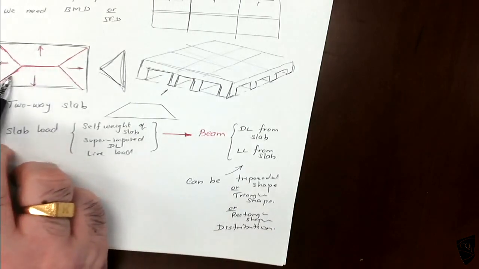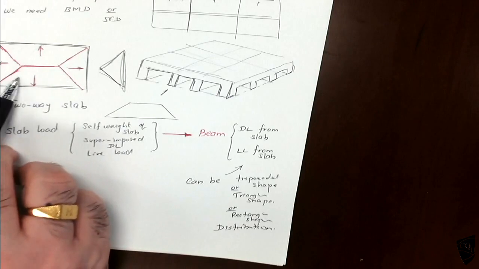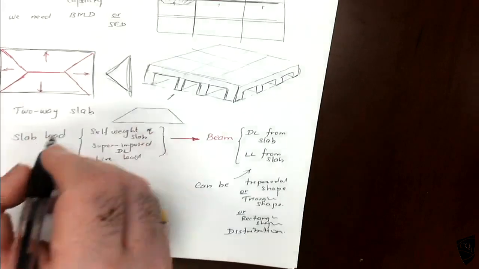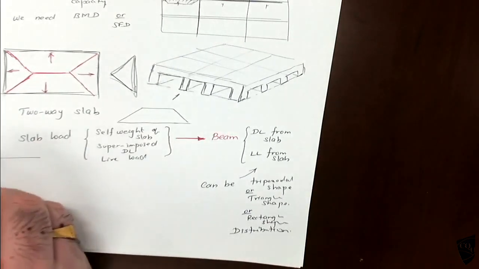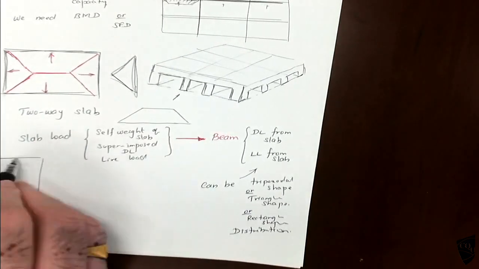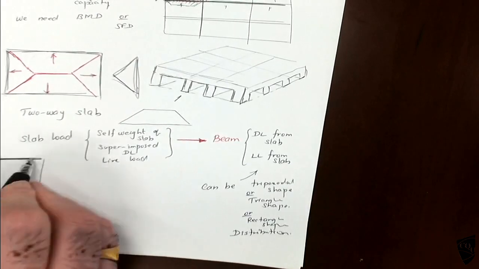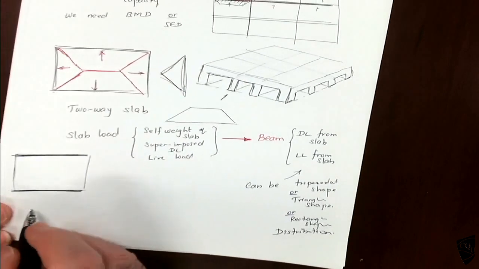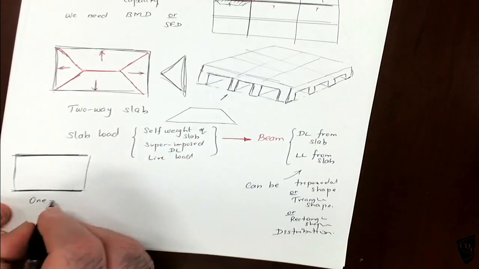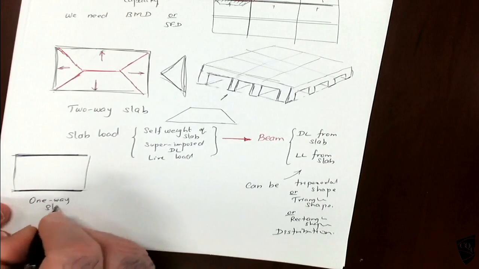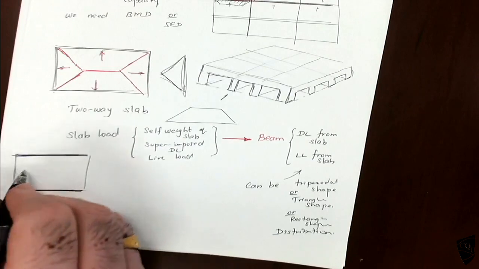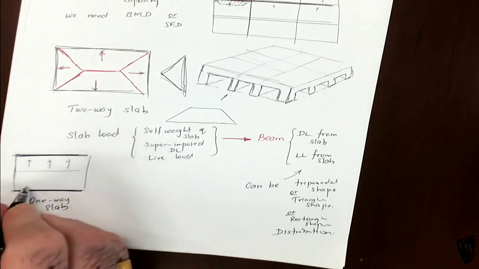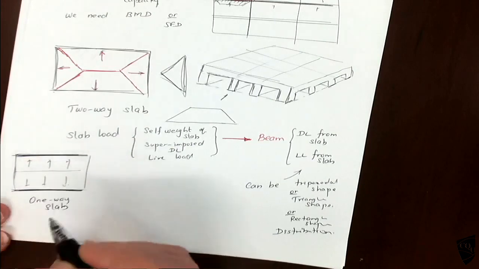If you have two-way slab, it can be a triangle. Or if you have a one-way slab, it means it is only supported on two sides, here and there. It is one-way slab. So half the load will transfer here, half the load will transfer here.